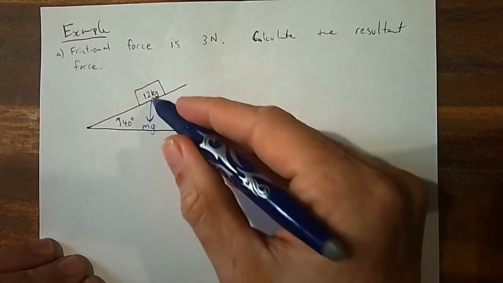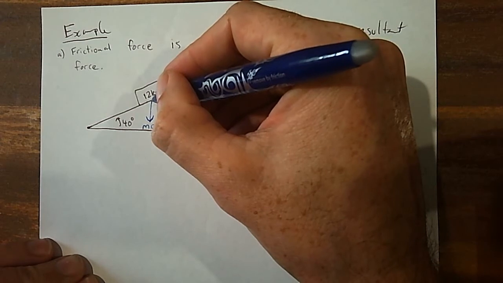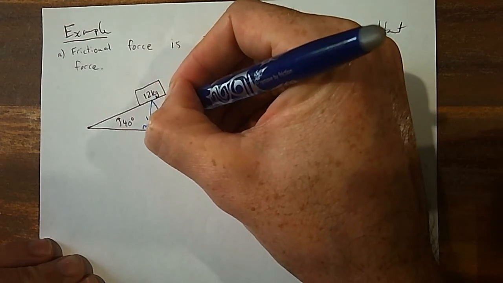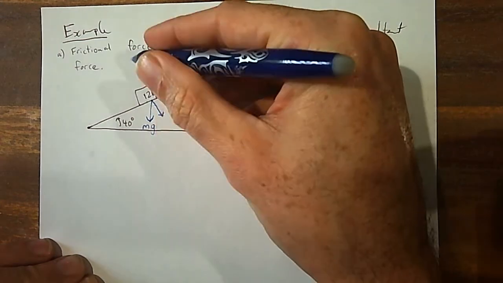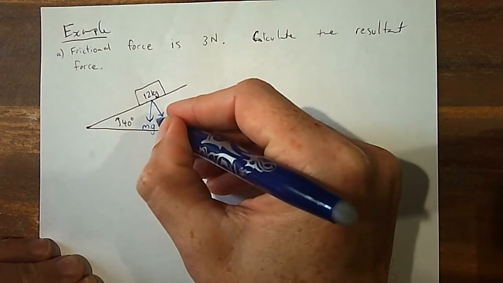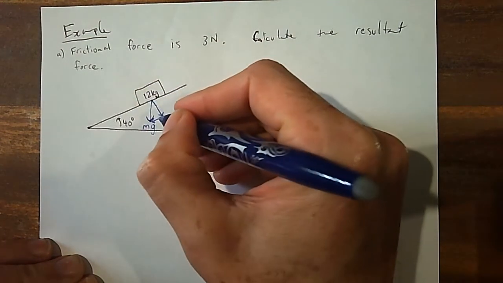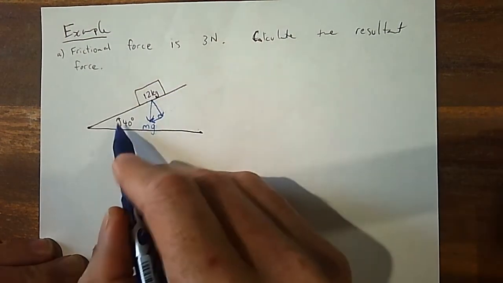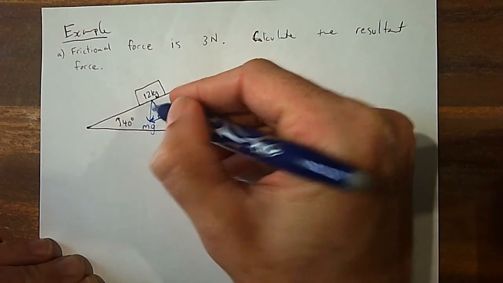Now I can break this force up into two different forces. If this is my y-axis here, one force acts opposite to the normal of the plane, and the other acts parallel, going down the plane. And there's my 90-degree angle. Because this is 40 degrees, this one here will be 40 degrees as well.